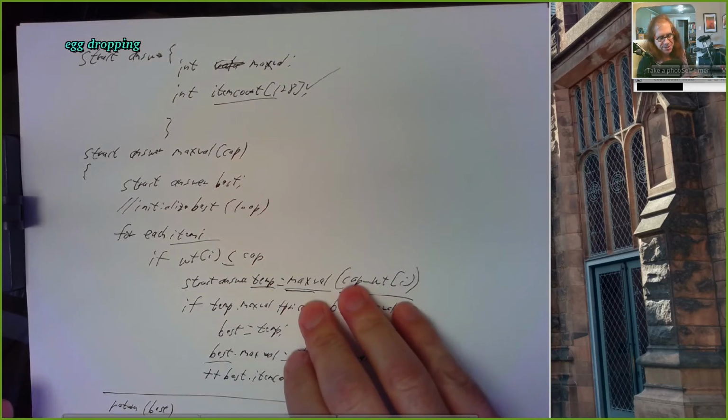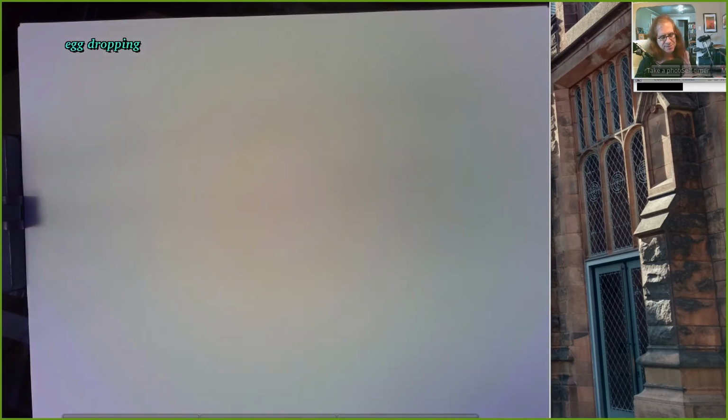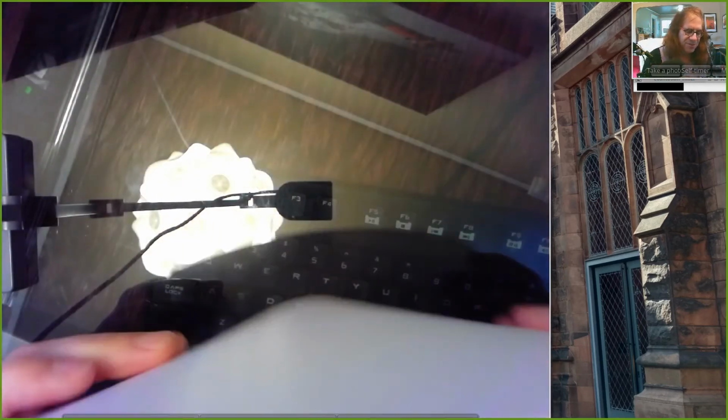So let's talk about egg drops. And when I was an undergrad, every year our engineering department, wait, I thought this was using dynamic memory. I don't think there's any dynamic memory you have to use in PA5, because I made the simplifying assumptions for you that you have a maximum of 128 items, so you can just make static arrays of length 128.